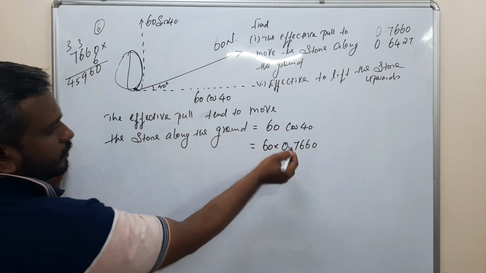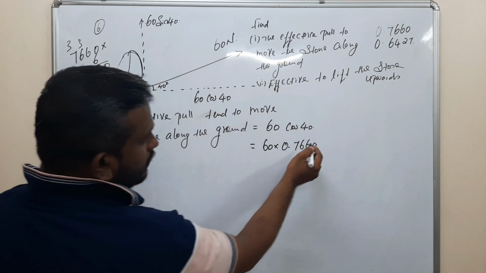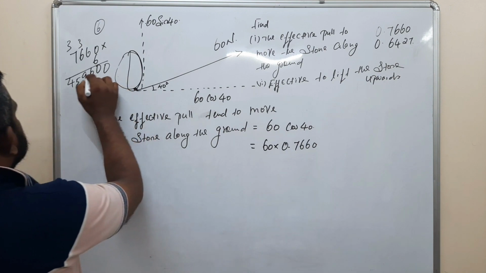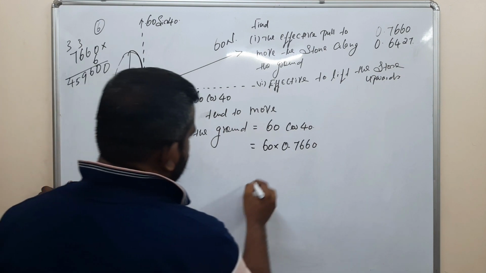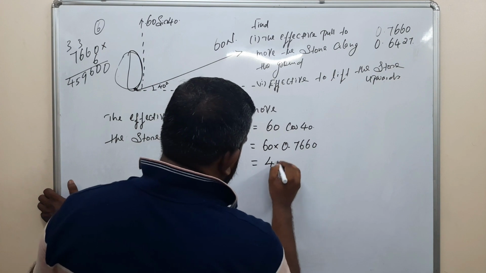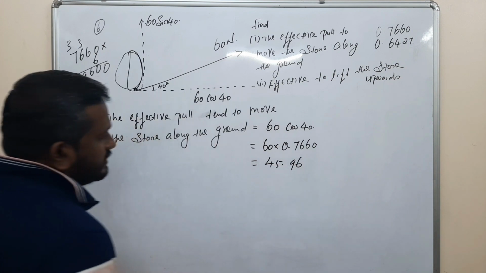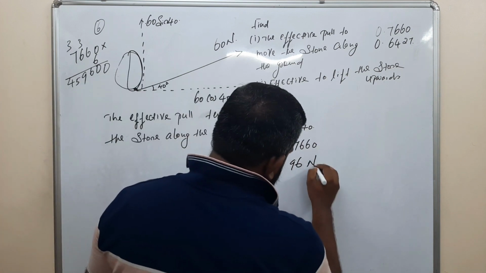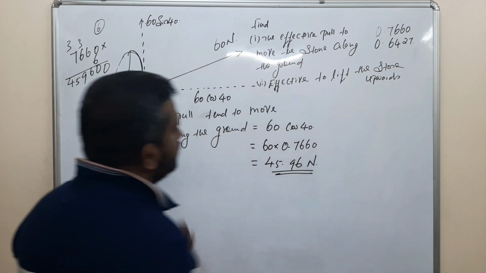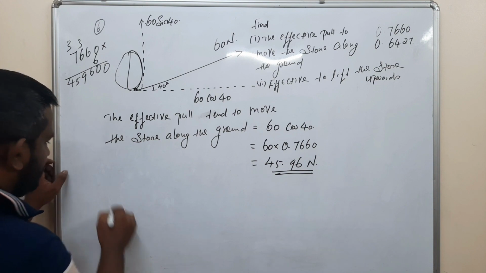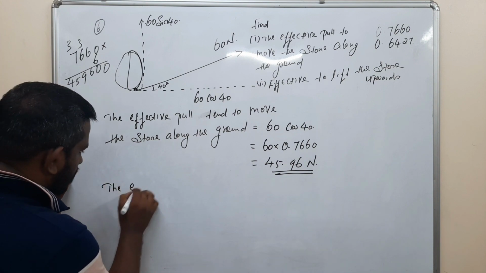Put on 4 digits, 1, 2, 3, 4. So 45.96 Newton.